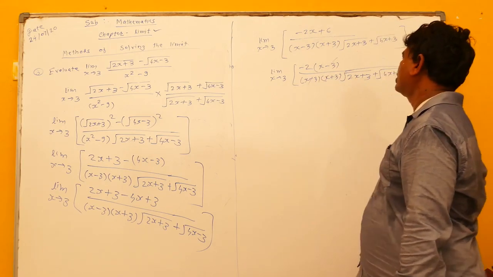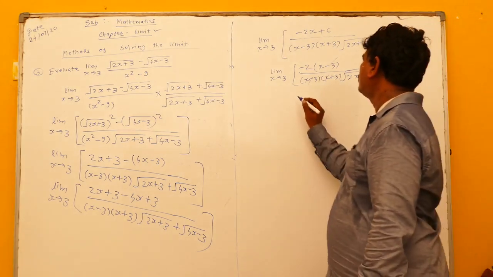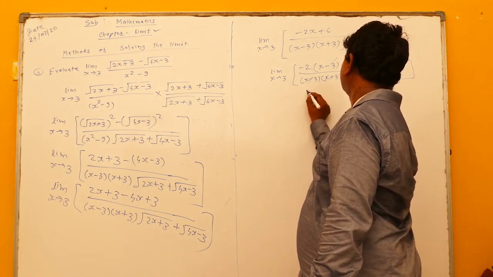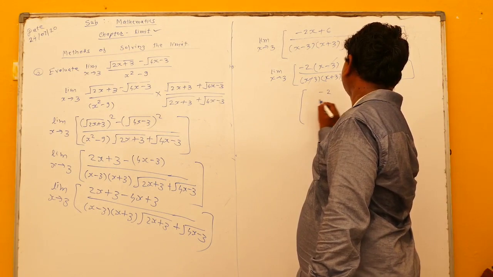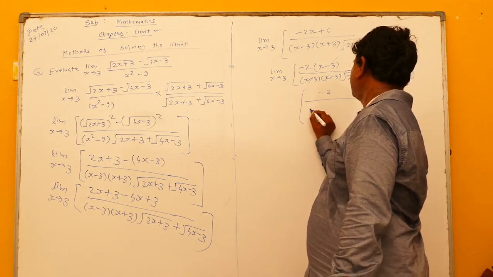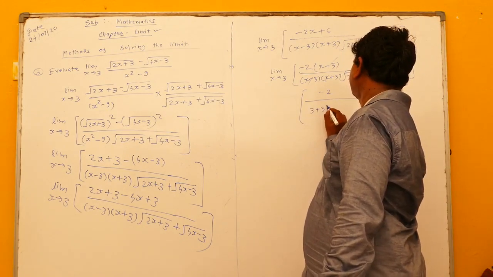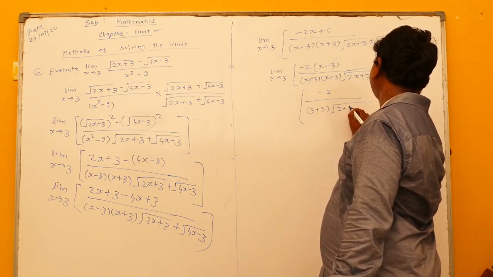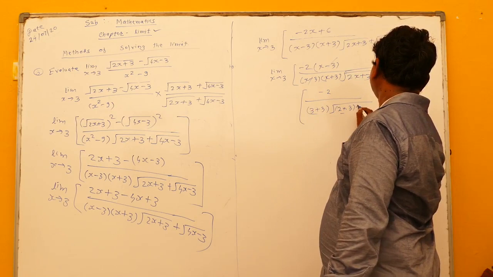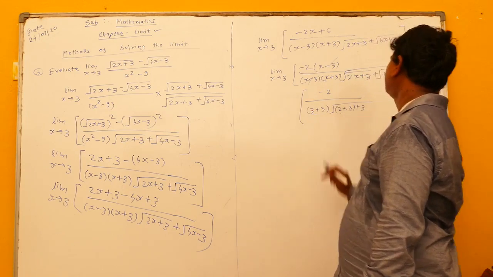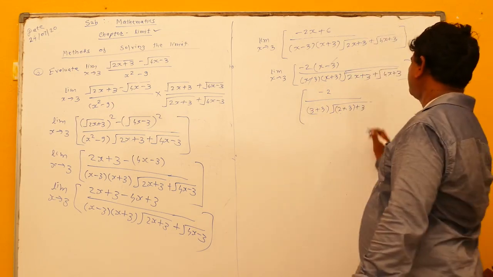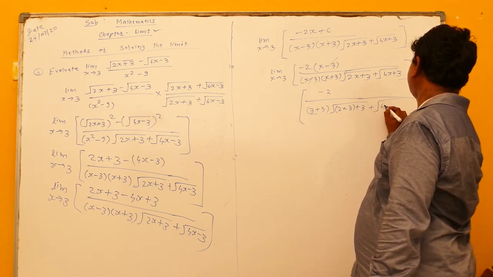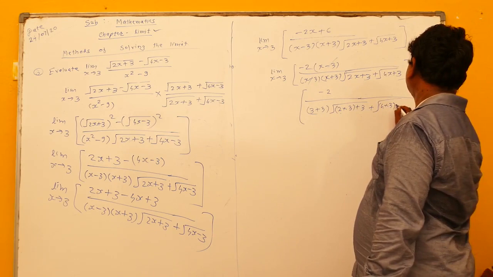Now this x minus 3 cancels out and then put the limit. Minus 2 divided by x is here 3, 3 plus 3, into under root 2 multiplied by 3 plus 3, plus under root 4 multiplied by 3 minus 3.